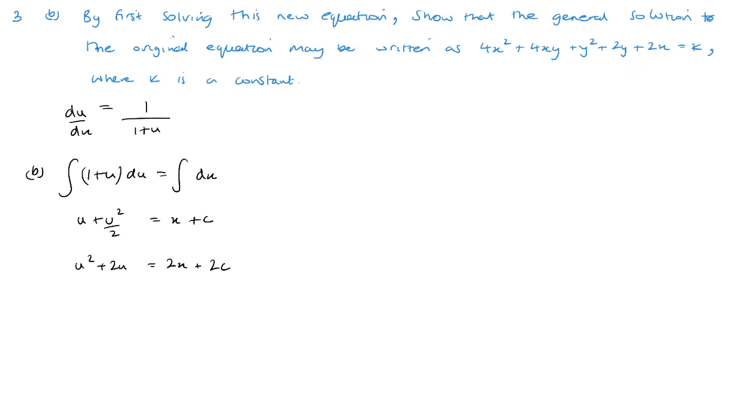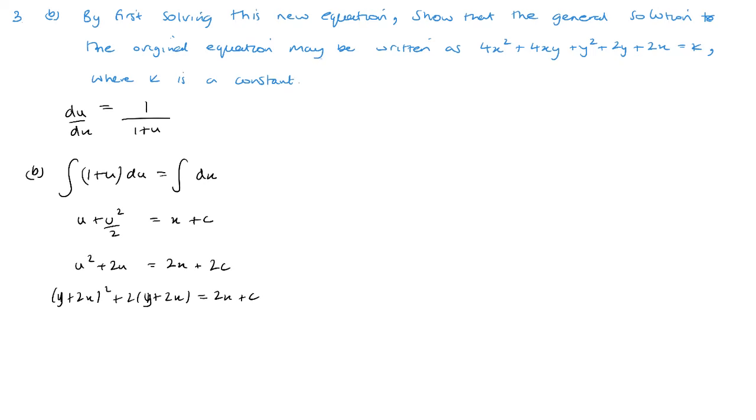Now, what was the substitution? u equals y plus 2x. This will be (y plus 2x) squared plus 2 lots of (y plus 2x) equals 2x plus 2c.